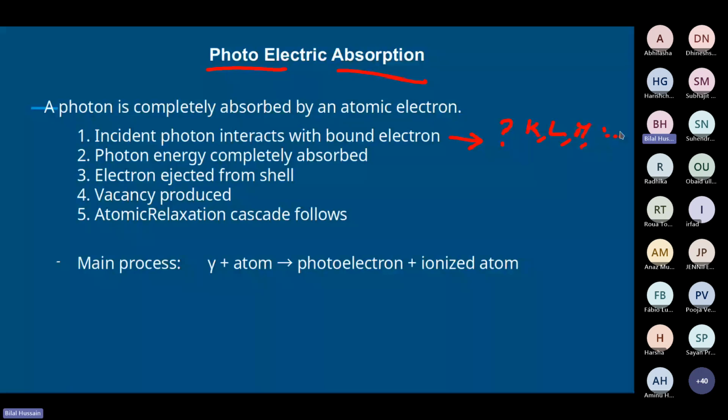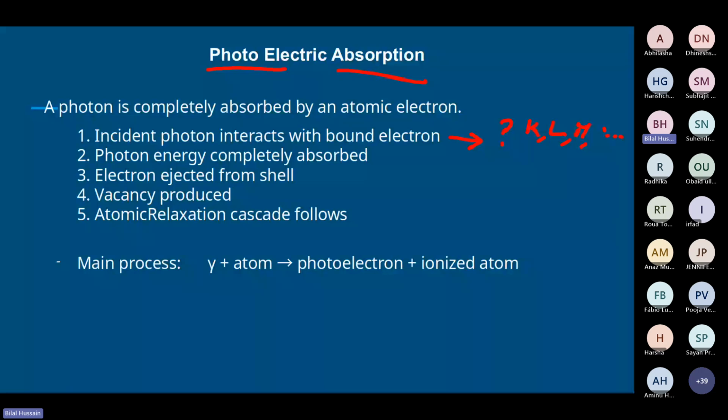We all know that photoelectric absorption deals with the interaction of a photon with the bound shell electrons, and we know all the electrons are bound to the shell, having binding energy. So now the question comes, in which shell does it interact? There is no data available. How to do it now? Again, that's the reason Monte Carlo uses a sampling method here.